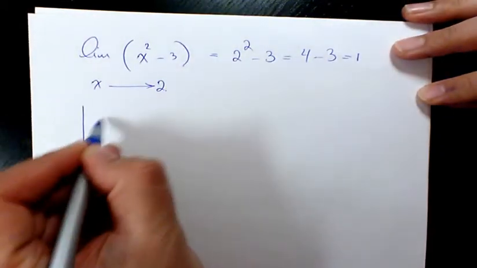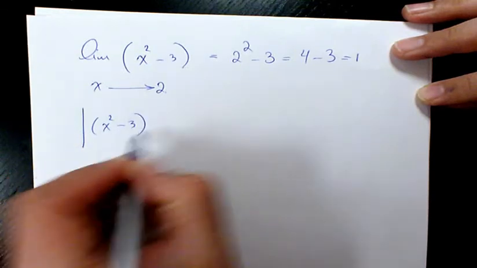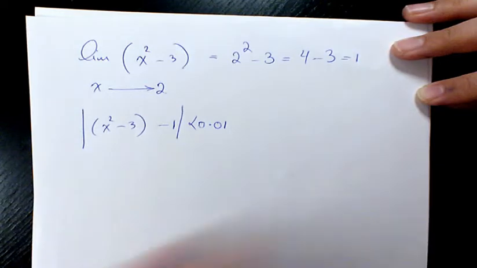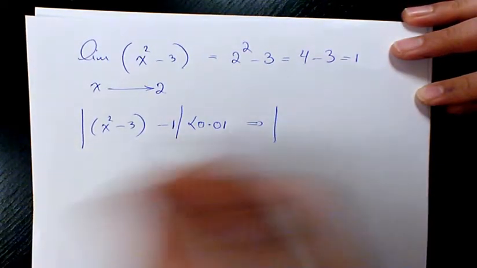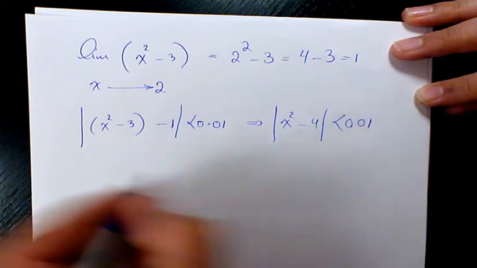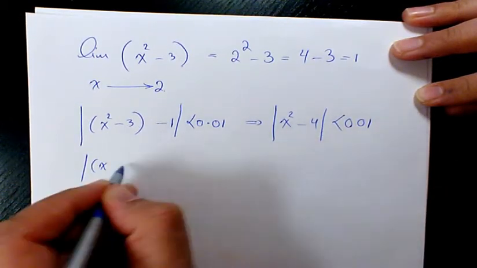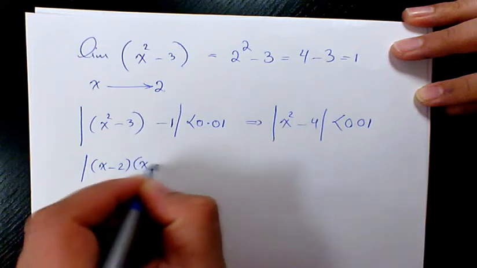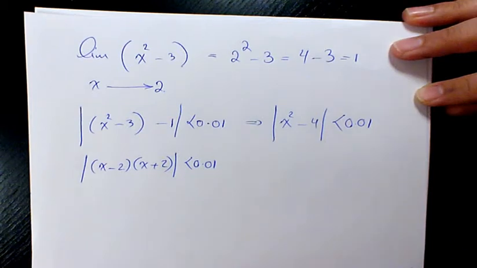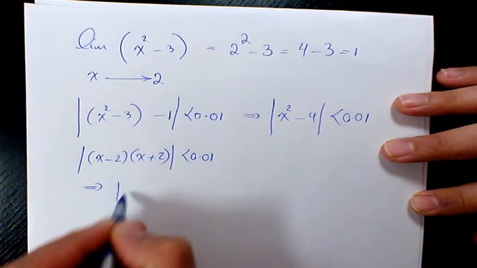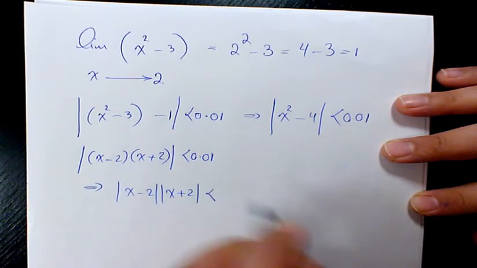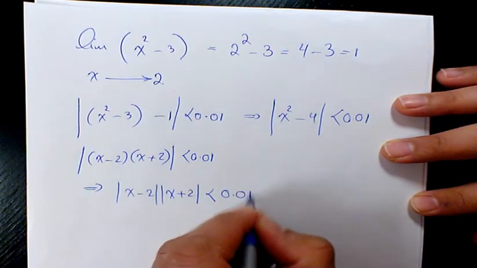So you're going to say x squared minus 3 minus 1 has to be less than 0.01, which means that x squared minus 4 is going to be less than 0.01. So when you factor this, x minus 2 times x plus 2 less than 0.01. If you separate them, the absolute value of x minus 2 times the absolute value of x plus 2 has to be less than 0.01.